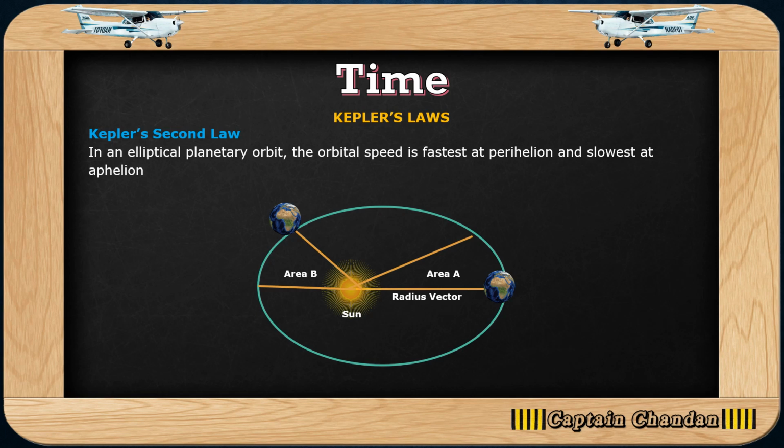In an elliptical planetary orbit, the orbital speed is fastest at perihelion and slowest at aphelion. This is also important. So fastest at perihelion and slowest at aphelion. This also comes under Kepler's second law.